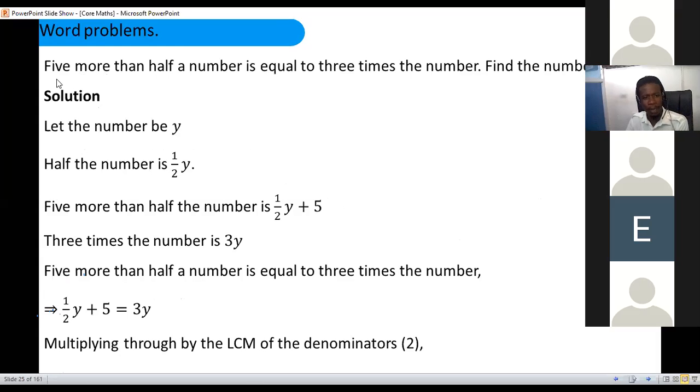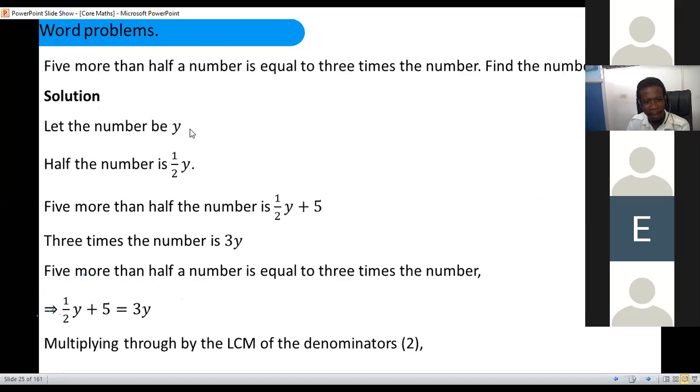Okay, look at this. 5 more than half a number. So let's just continue, consider this statement. Now when we come down here, 5 more than half a number is 1 over 2y plus 5.